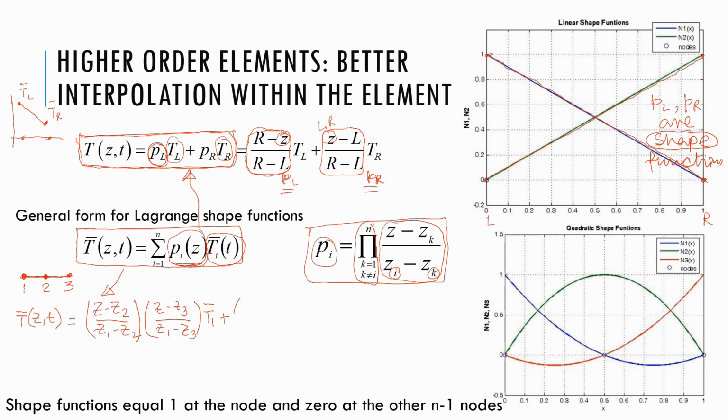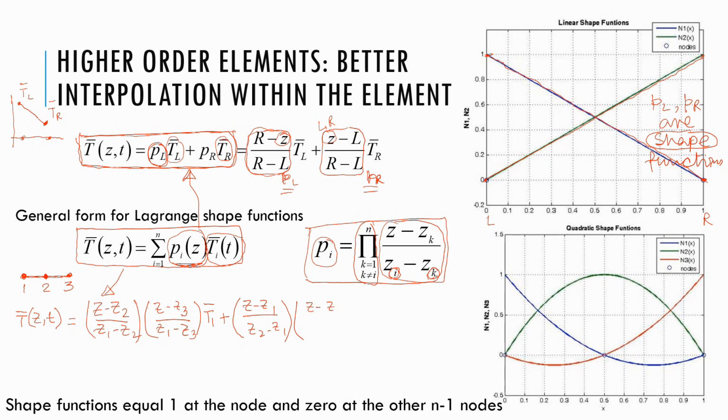Plus, I do the same thing this time for i equal to 2, and so you will get this expression, following the same process. I'm just putting in i equal to 2, so k can be 1 or 3.